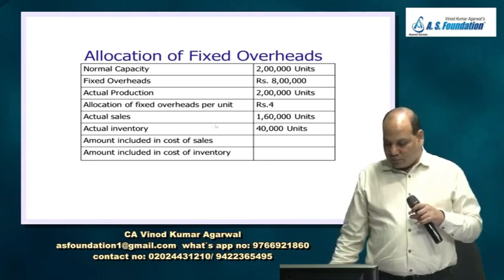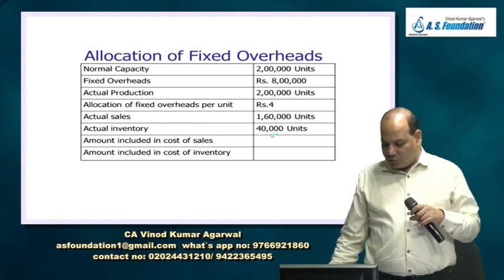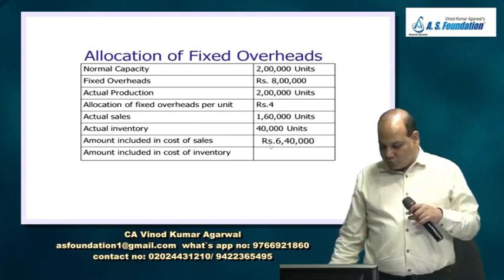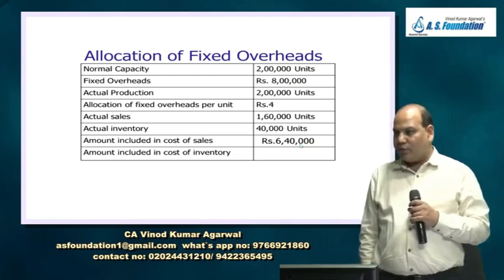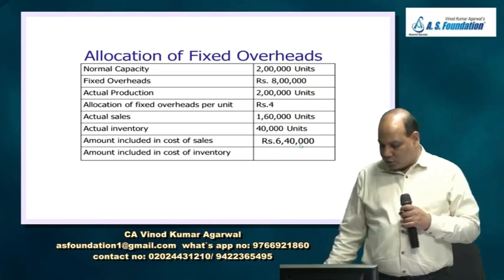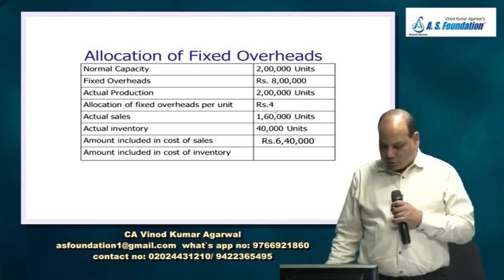So what will happen? How much will be your fixed overhead allocated over the sales? Actual sale is 1,60,000 units and actual inventory is 40,000. So the amount that will be included in the cost of sale would be 6,40,000. Sir, how did you get this number? 1,60,000 into 4.